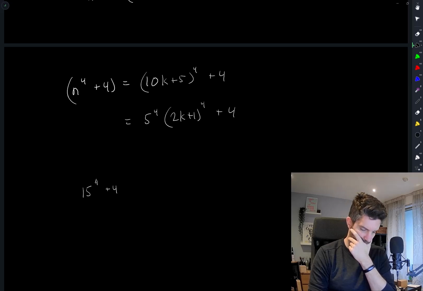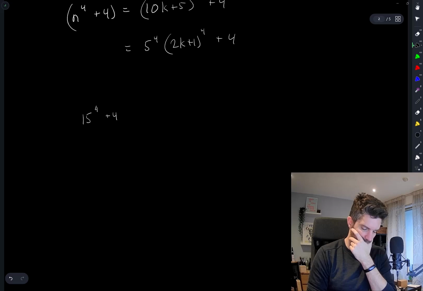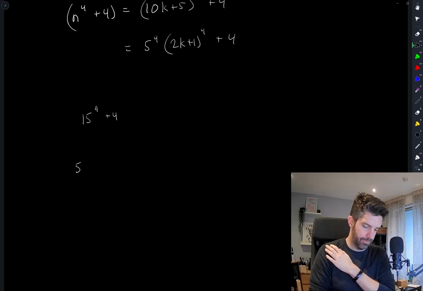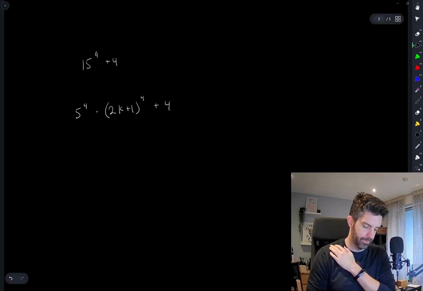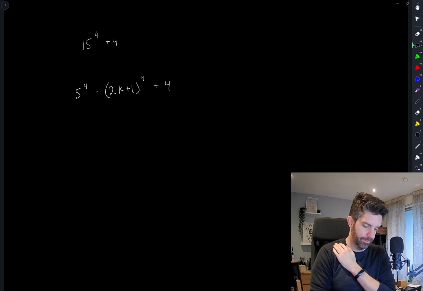Hmm. Well, what if I take this 5 to the 4 times 2k plus 1 to the 4 plus 4 and expand that and see if the result is always divisible by something.